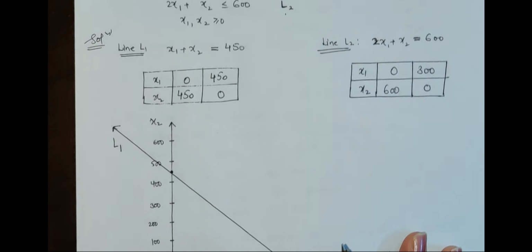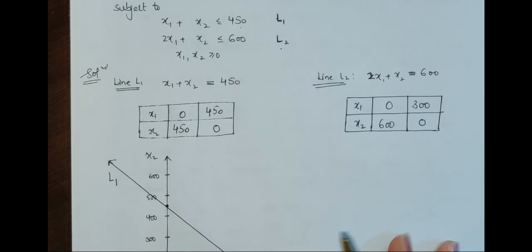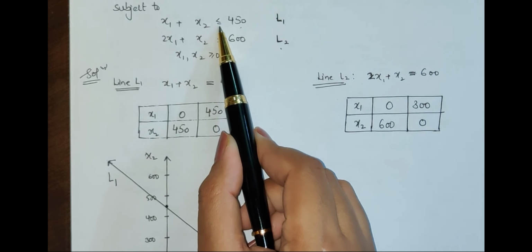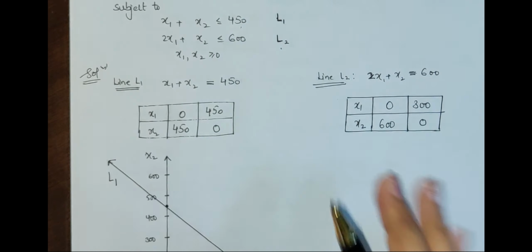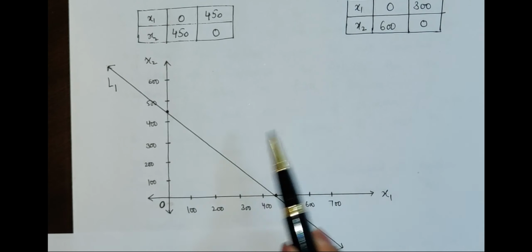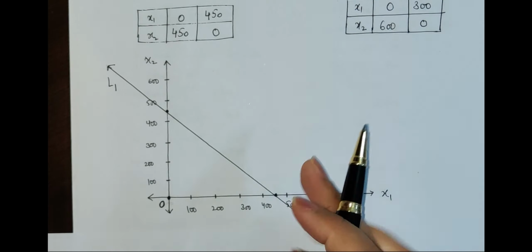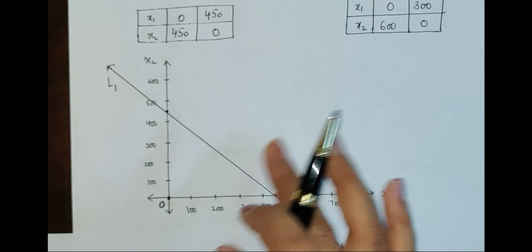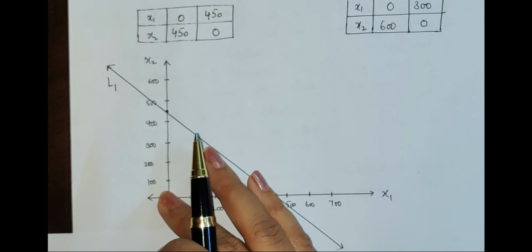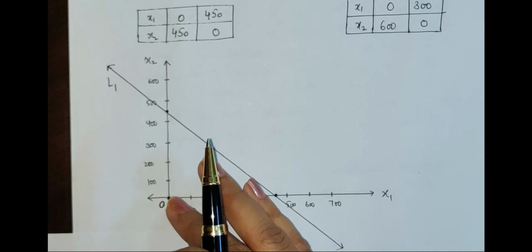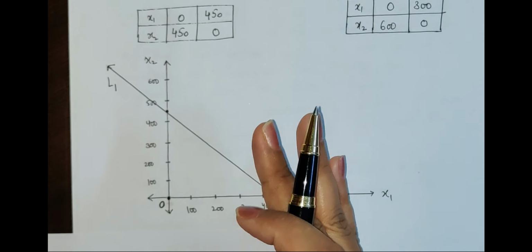So I have to again look at the equation first. What was my equation? x1 + x2 less than or equal to 450. Now you can see the graph is divided into two parts, in which the origin is the simplest point. So let us take any random point out of the two subparts, and then we see which point satisfies the equation of our LPP.